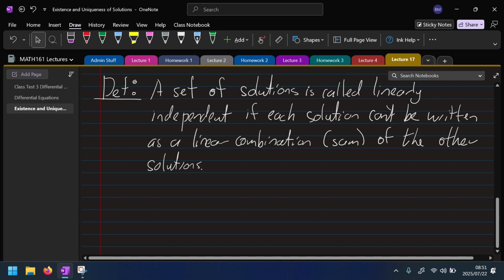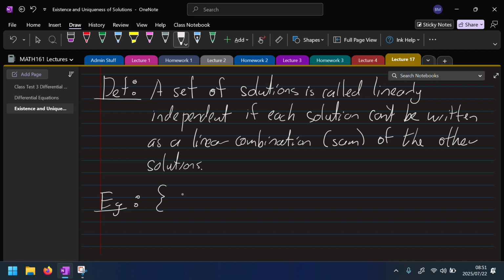Okay, so let's have a look at some examples. So the one we just saw, sine x and cos x. Okay, these are independent. You can take sine x and cos x. You can multiply cos x by whatever you want. It will never become sine x. If you have sine x, you can multiply it by whatever you want.